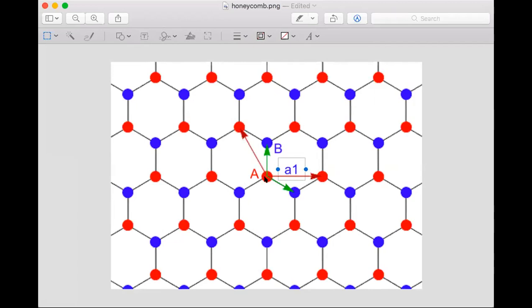I can either choose this one or this. Equivalently, I can choose this one as my lattice vector. And the convention used in the problem is that rather than this one at 120 degrees, this one at 60 degrees is chosen as the second lattice vector. So let's call that A2.